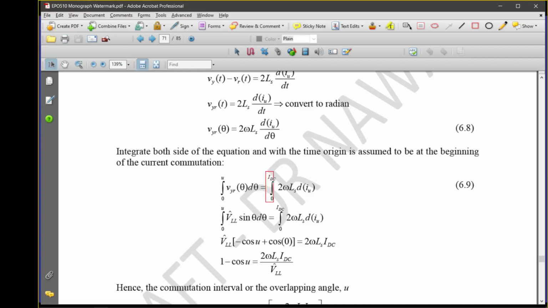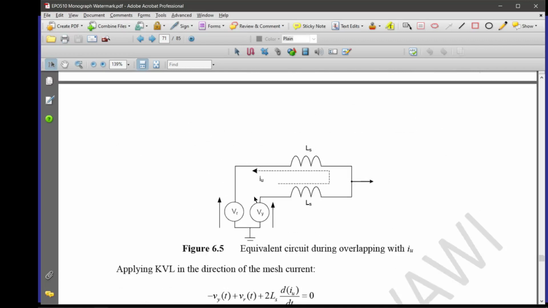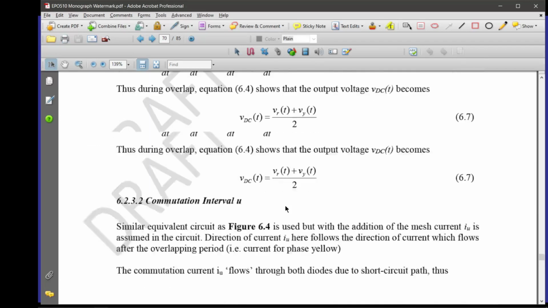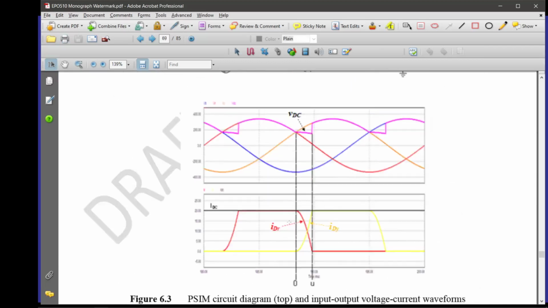So how do we obtain that? We look into the current, the yellow current. If you look at the graph, the waveform, the yellow current goes from 0 to IDC.